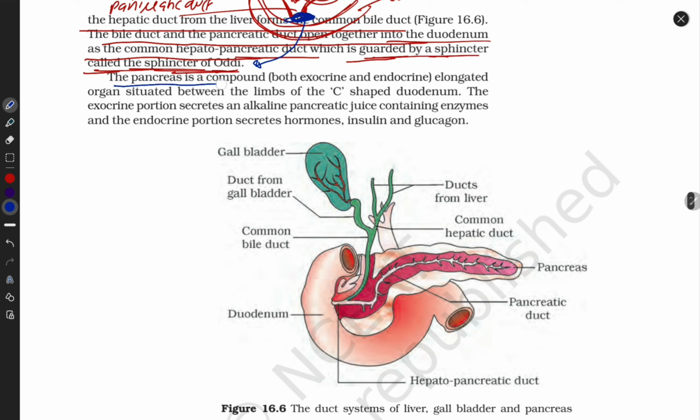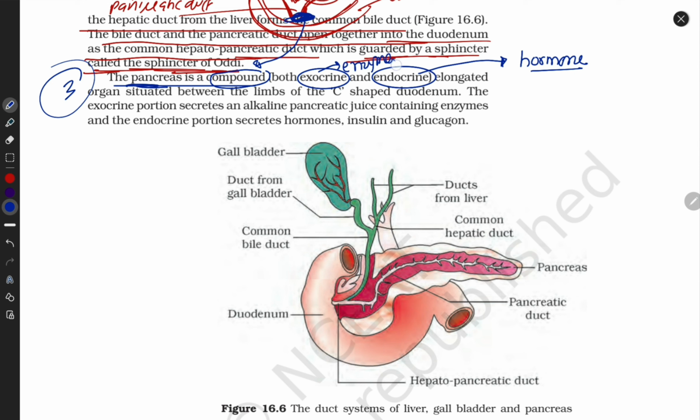Now our third gland is the pancreas, the second largest gland. We call it a compound gland. Why? Because it works as an exocrine gland and also as an endocrine gland. Why do we say endocrine? Because it secretes hormones. And why exocrine? Because it secretes enzymes. So one function is ductless and one function has a duct.